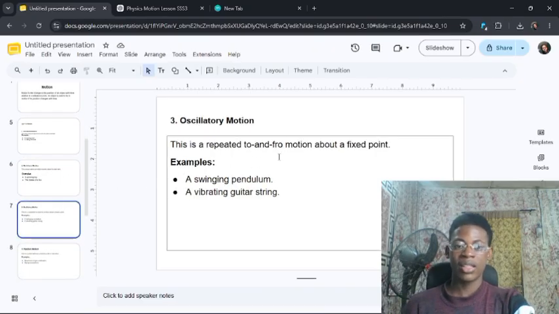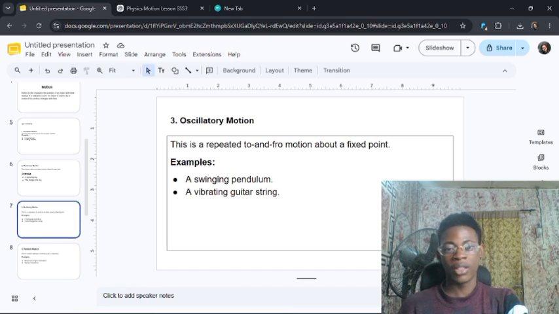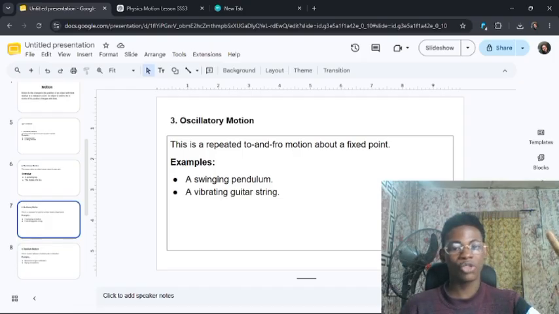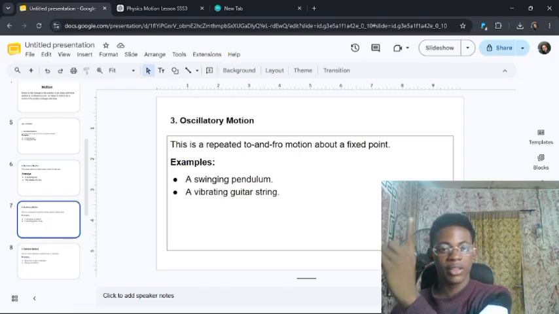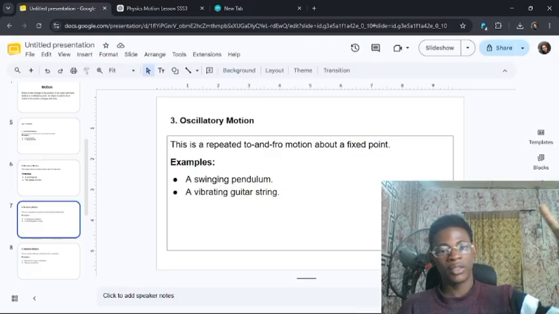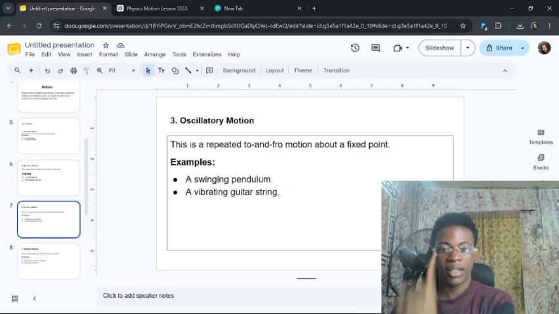So the third one is the oscillatory motion. This is a repeated to-and-fro motion about a fixed point, like moving left and moving right. For example, a swinging pendulum moving from left to right is an example of oscillatory motion.